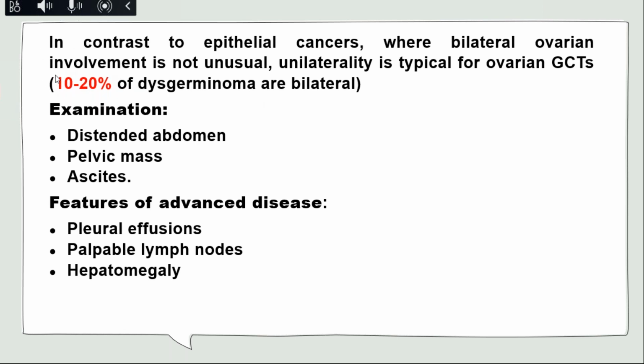Kindly remember this percentage, because this is an uncommon finding, that's why it can come as an SBA. On examination, we can find distended abdomen, pelvic mass, ascites, and there are a few features of advanced disease like pleural effusions, palpable lymph nodes, and hepatomegaly as well.